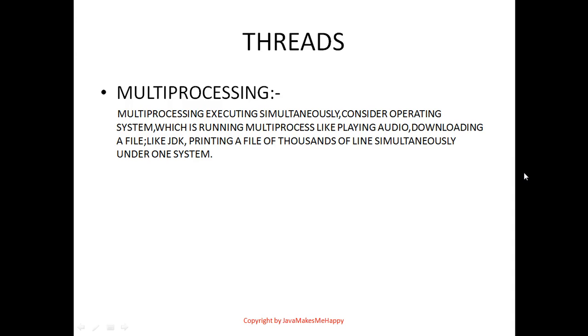Often we do these kinds of activities in our operating system, as well as watching a movie on your computer simultaneously. This can happen using threads. This is the basic concept of threading.